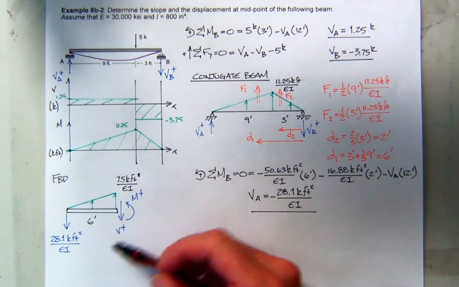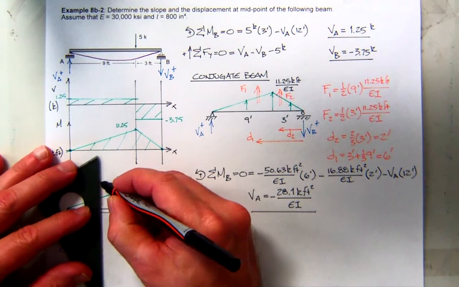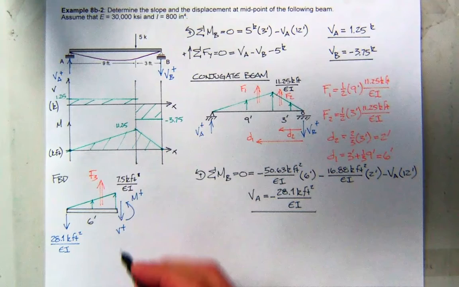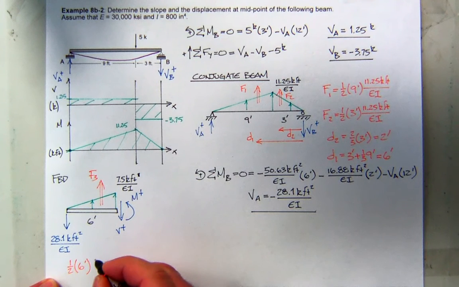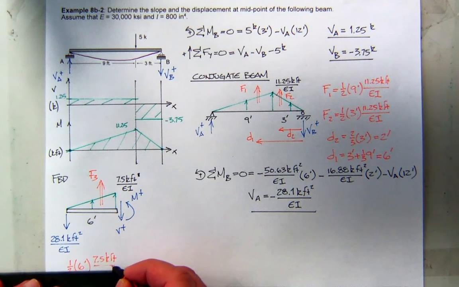So now to solve this problem, I need to resolve that. I'm going to come back and compute another force. I'll call this one F3. That will be the area of that curve, which is 1/2 base, 6 feet, times height, which is 7.5 kip feet divided by EI.